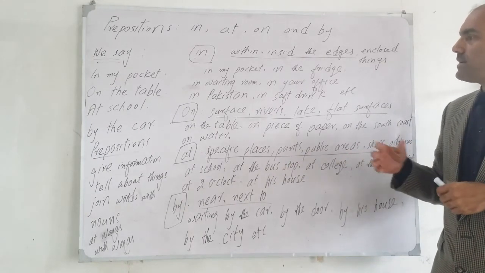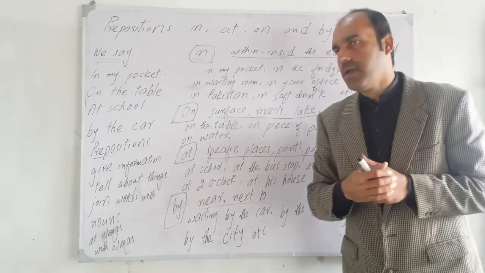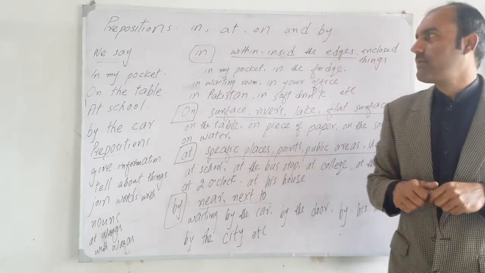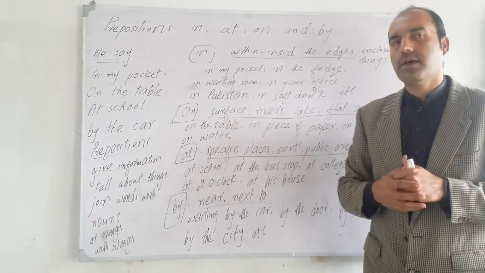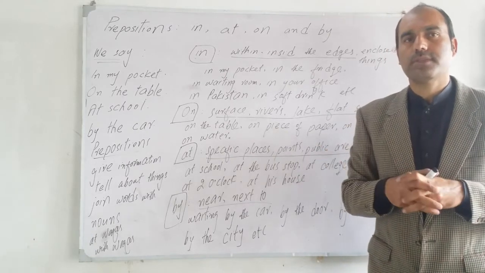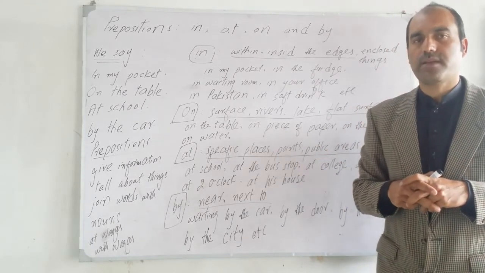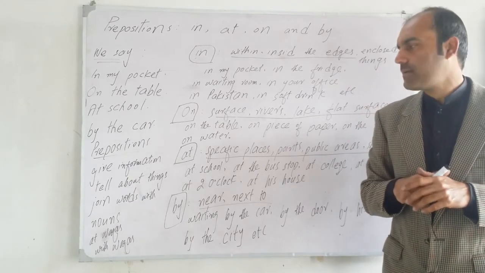People normally have a lot of problems when they use at. Like you say, he is at school, and also you may say he is in school. Both are correct. So which type of difference do we have here?